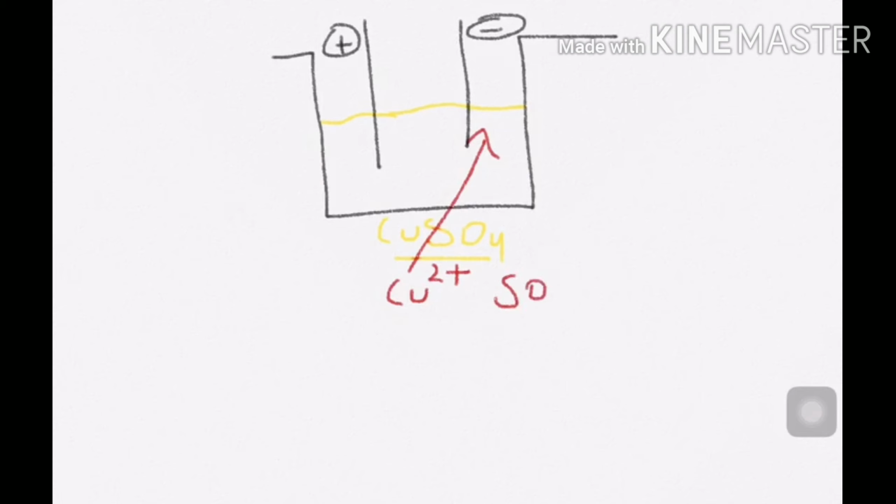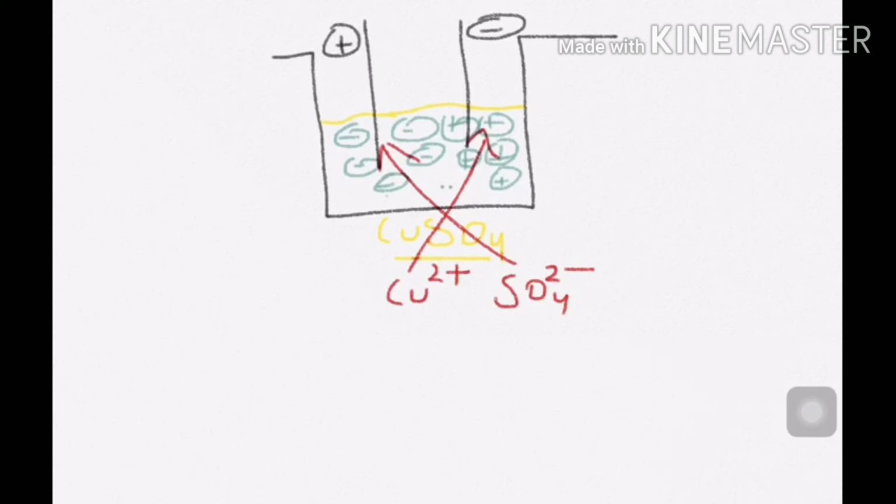So positive copper will go towards the negative anode, and SO4 2 minus, being negative in nature, will go towards the positive cathode, as we know the principle that opposites attract each other. You see the ions surrounding the electrodes. So we did this with the example of copper sulfate.